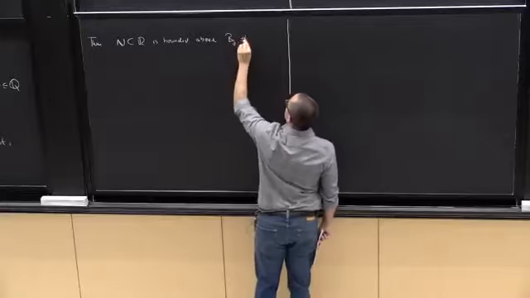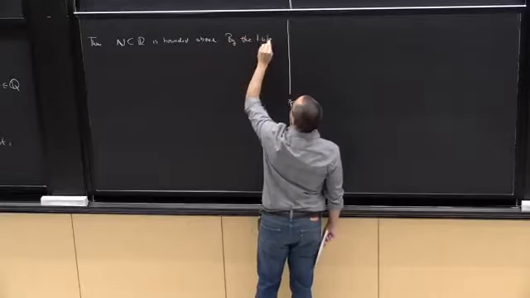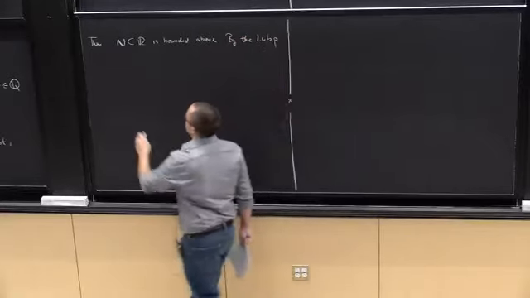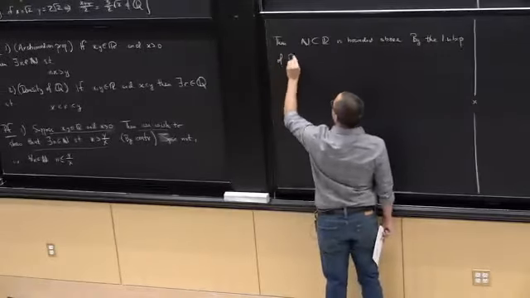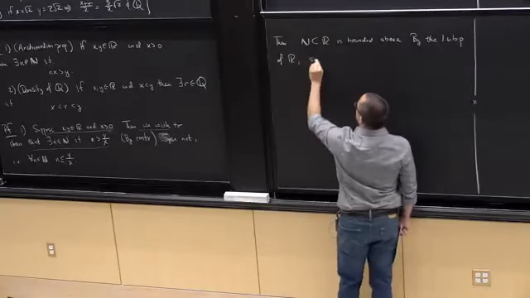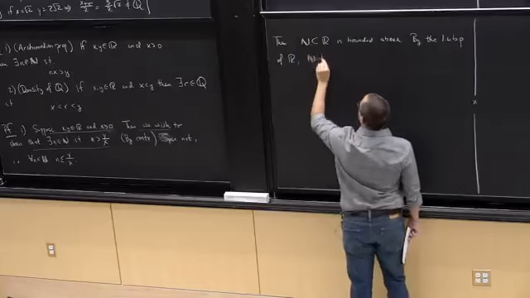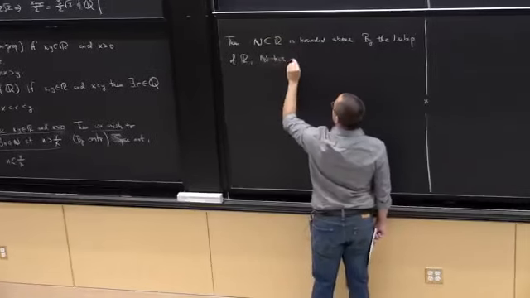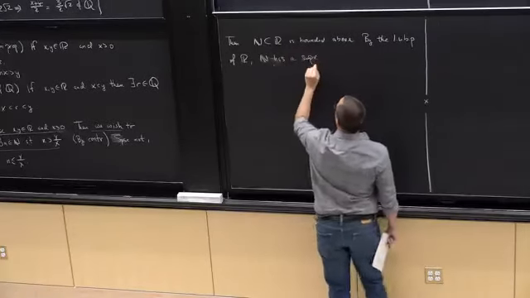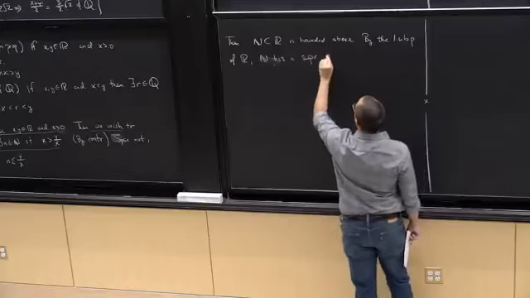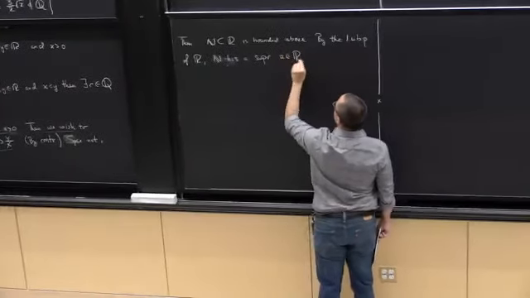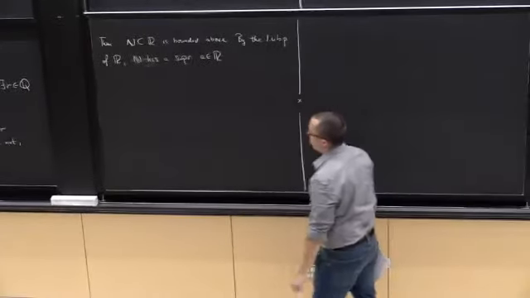So by the least upper bound property of R, N has a supremum, call it A in R. Okay?